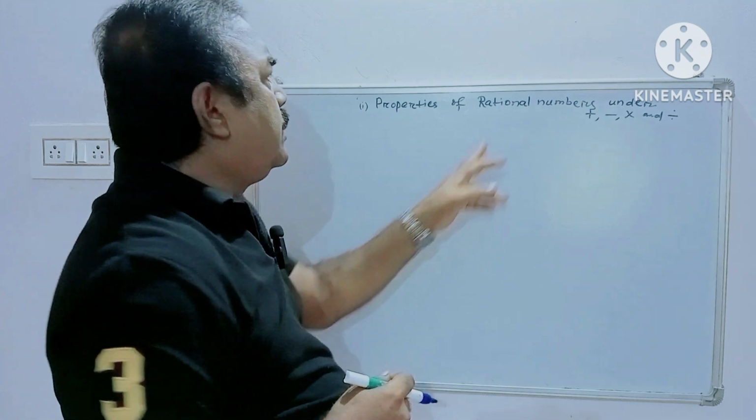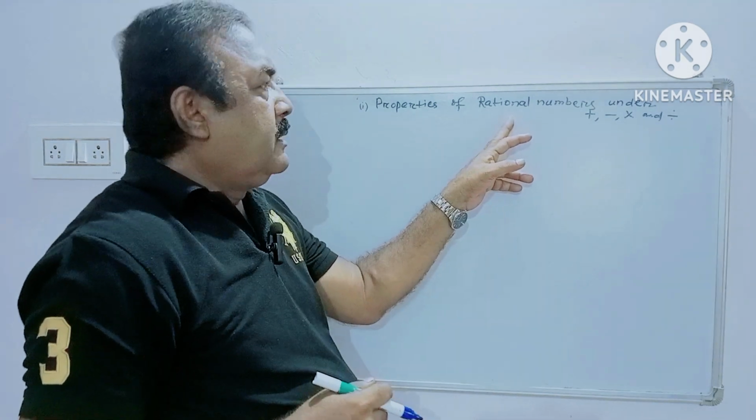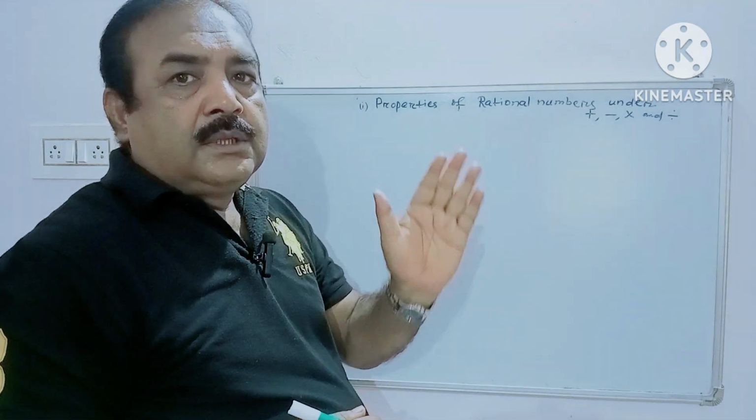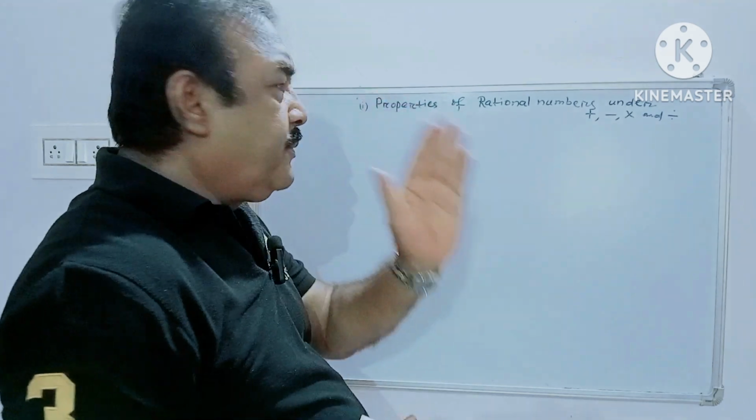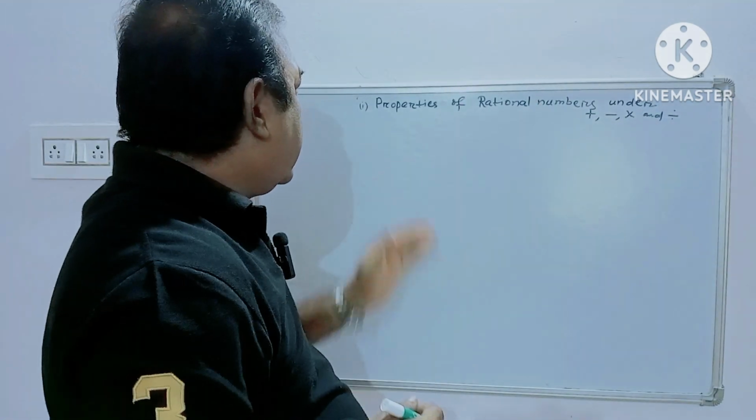So before going to rational numbers, let us recall the whole numbers. What we have known through these operations, what are their properties?